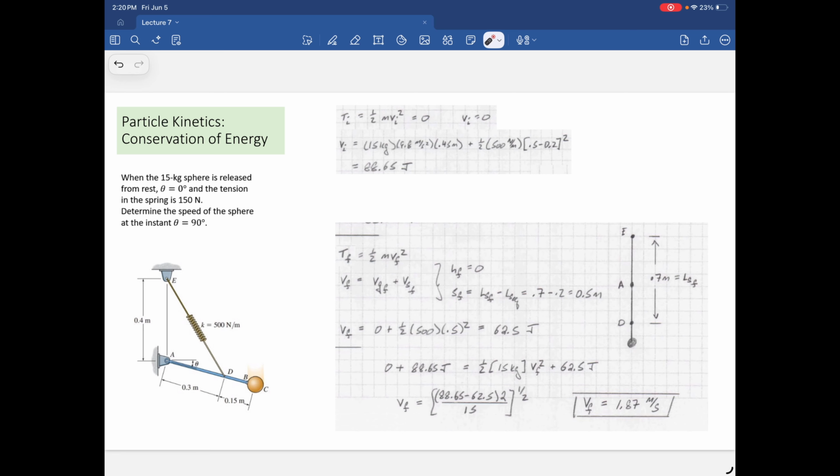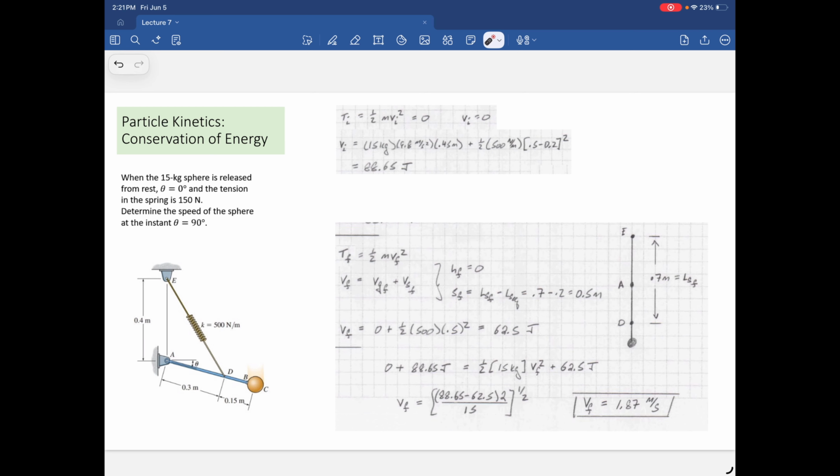Our stretch of the spring will be 0.4 plus 0.3, so 0.7 meters is the final length of the spring, minus the equilibrium length of 0.2, so 0.5. The total final potential energy is 0 for gravitational, plus 1/2 times 500 times 0.5 squared, which gives me 62.5 joules.